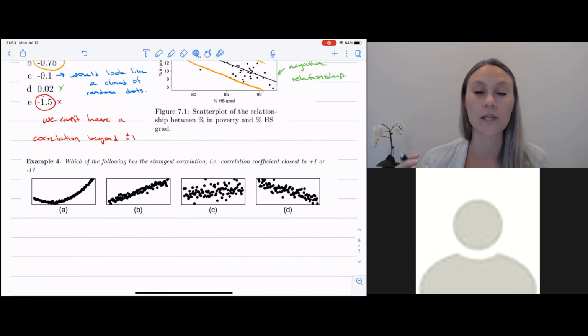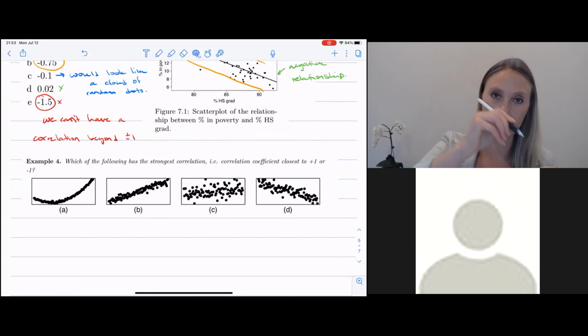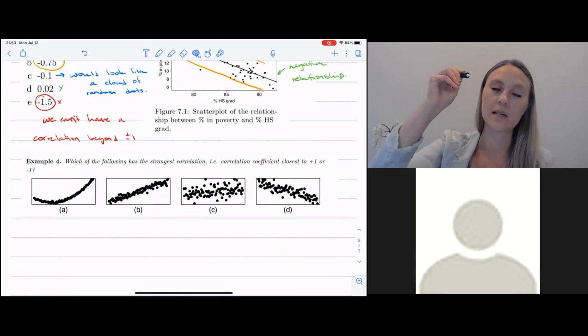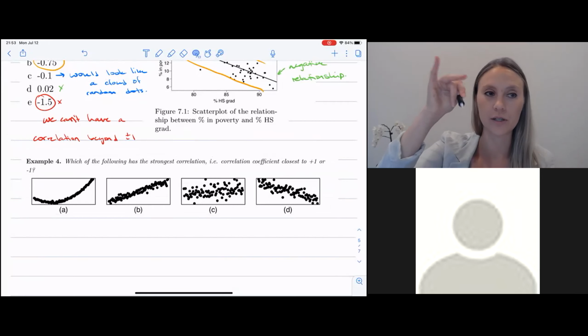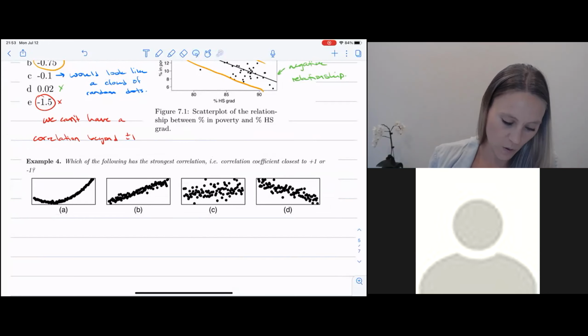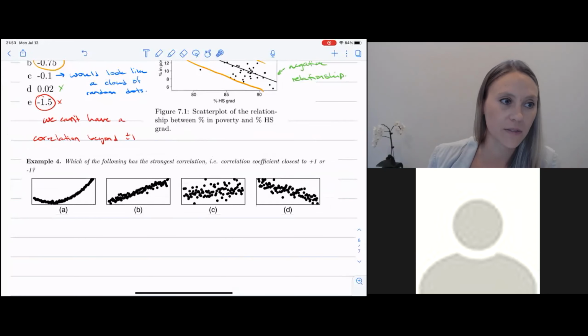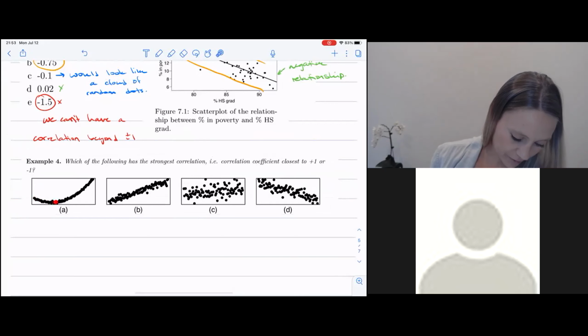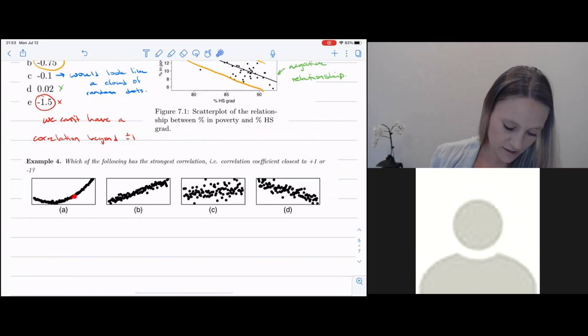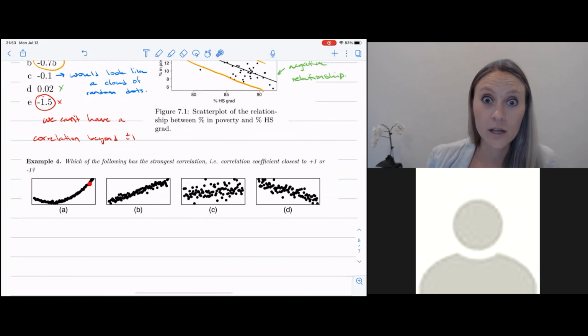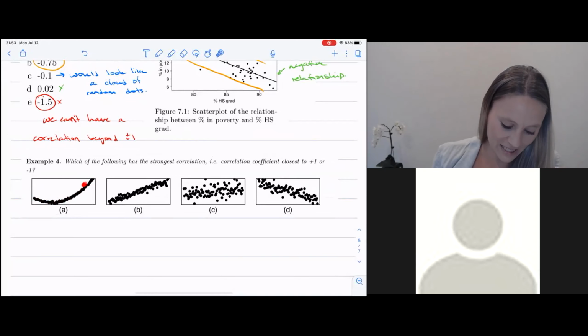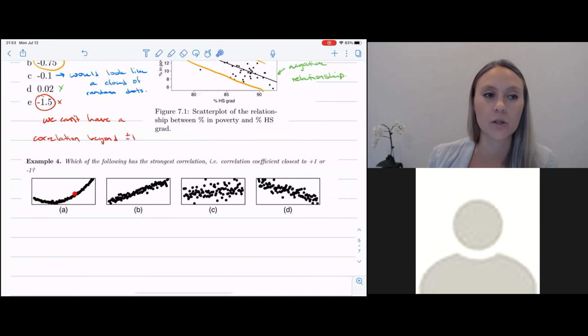If we have a correlation of 1, it means your dots are always on the exact same line and there's no variability, right? And so if we look at these, the first plot is a decoy. Why? It's a super strong relationship, but it's not linear, right? And so it's not going to have a very strong correlation.